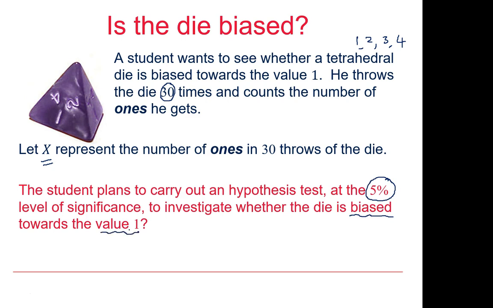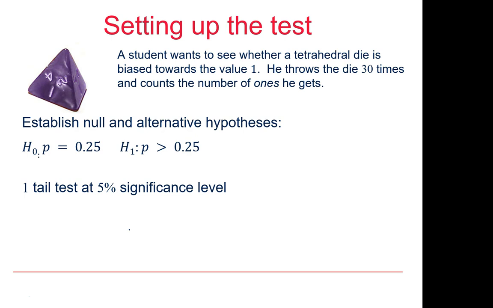So what are our hypotheses going to be for that? How can we set this test up? So if we're seeing whether it's biased towards the value 1, then obviously our null hypothesis is that that is not the case. There is no evidence of change from what we'd expect, which is that the die is unbiased.